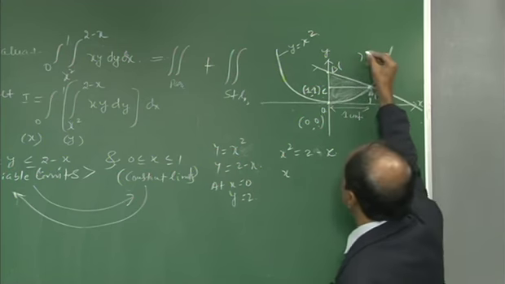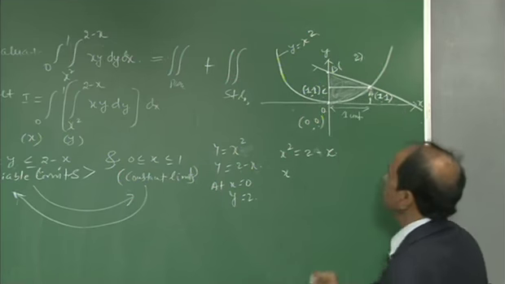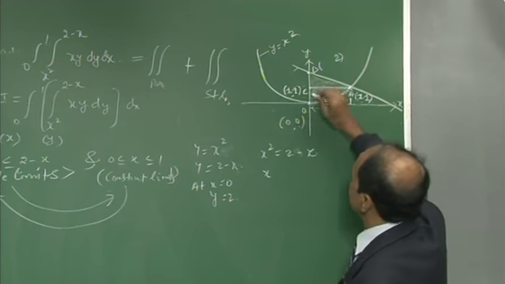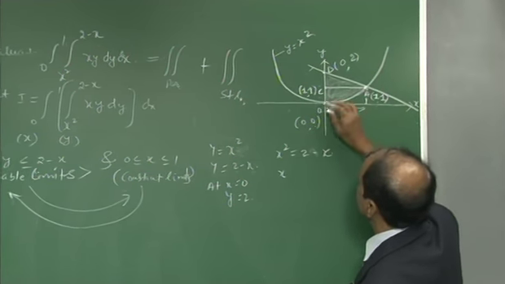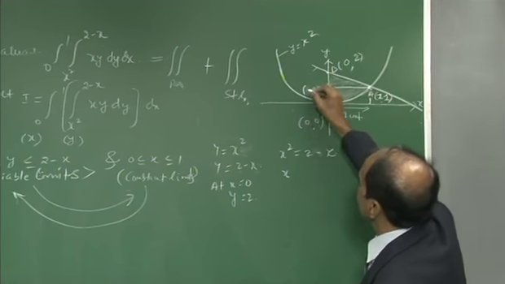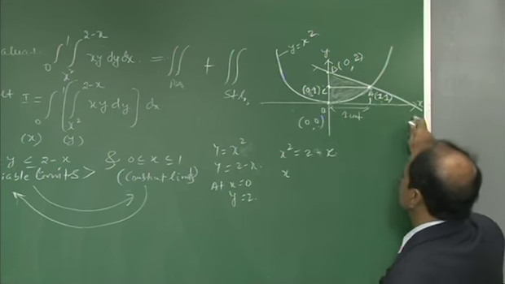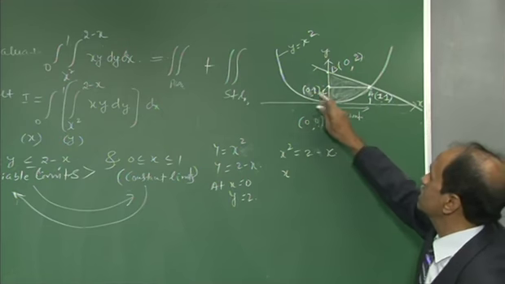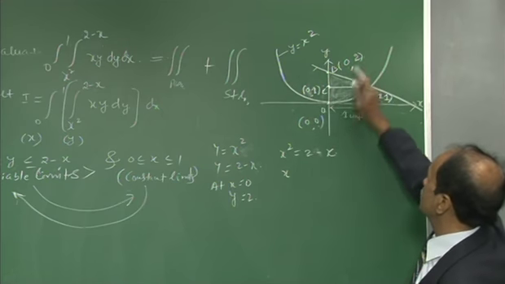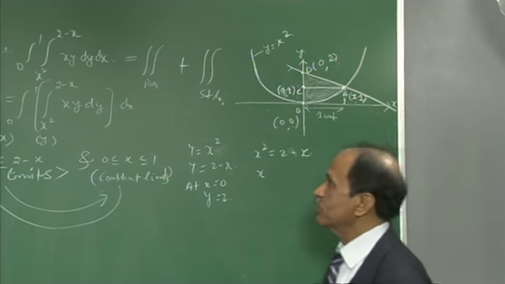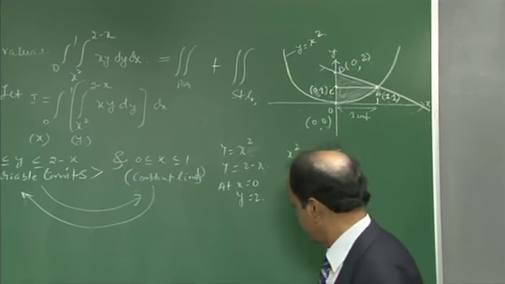Therefore, maximum value of y is 2 here, and x value is 0. On the y axis anywhere x value is 0, on the x axis anywhere y value is 0. Here 0 comma 1 and here 0 comma 2 and here 1 comma 1. Now you have to split on changing the order of integration.